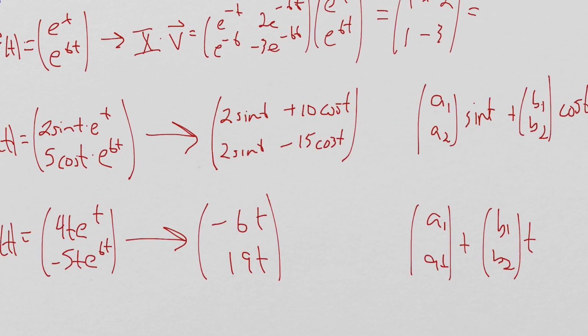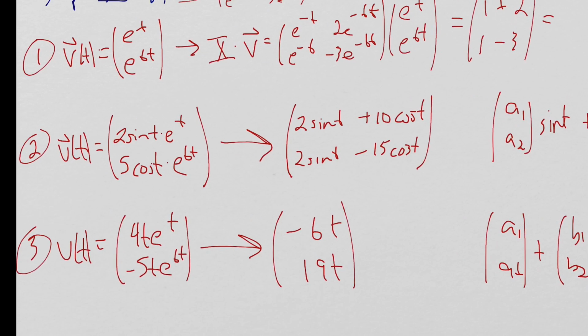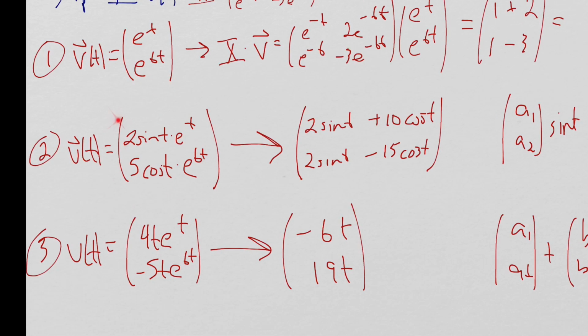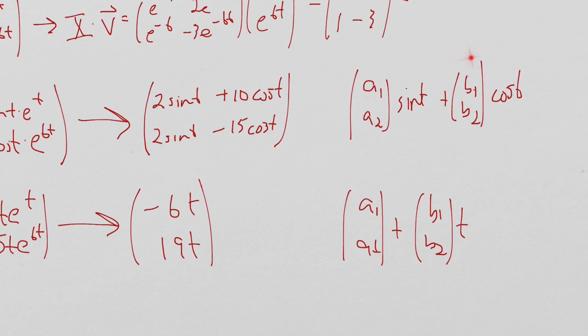What I'm arguing is that I can get to those a1 and a2s if I strategically choose the correct v to multiply by. 10 and 15, 2 and 2 are b1, b2, a1, a2 for a particular input that I would solve for in a particular undetermined coefficients question.